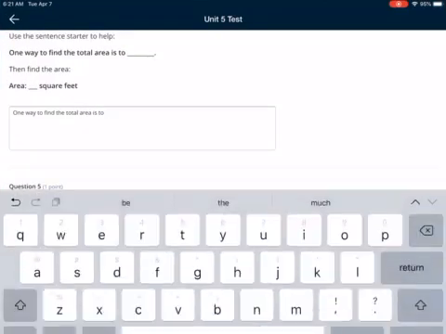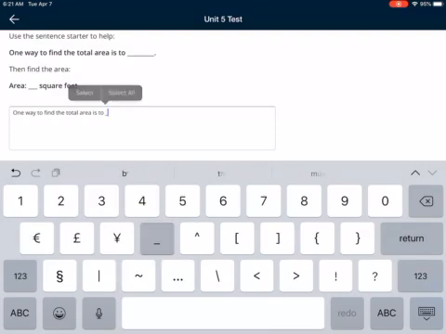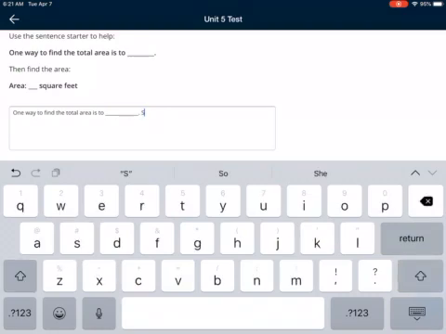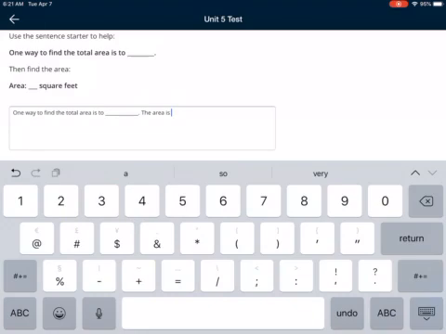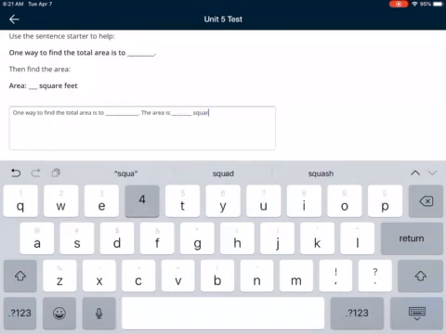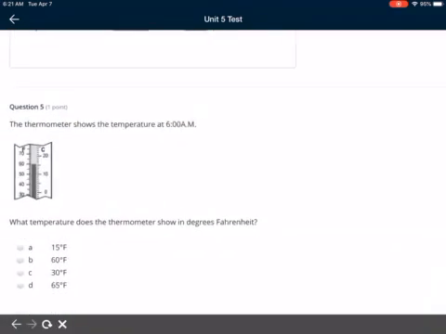Then, after I get that answer, I'm going to do a blank spot, because that's where your answer is going to go. Then I can just write the area is square feet. Okay? I'm going to go to question number 5.